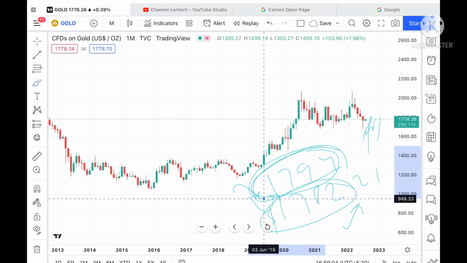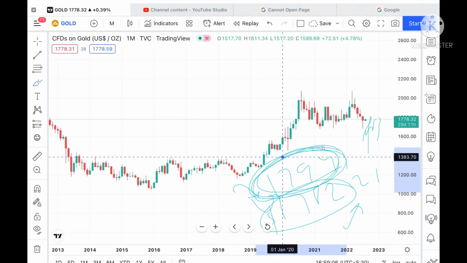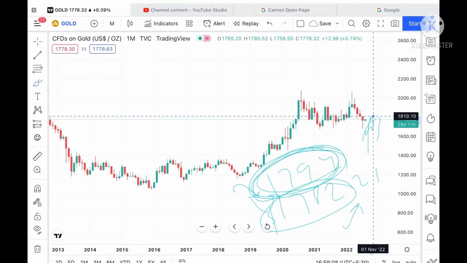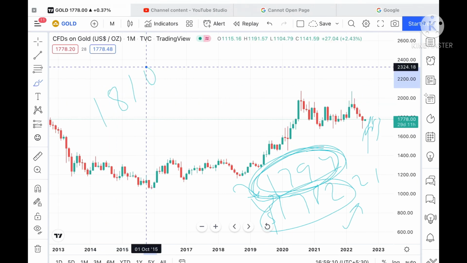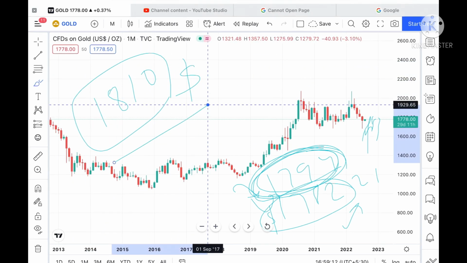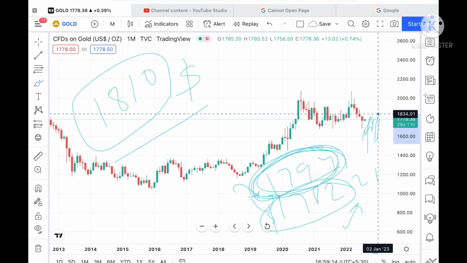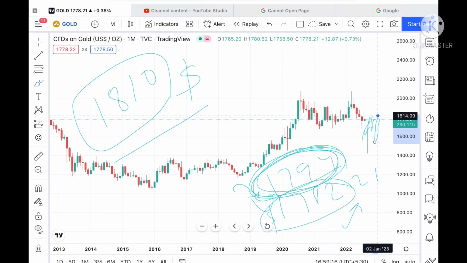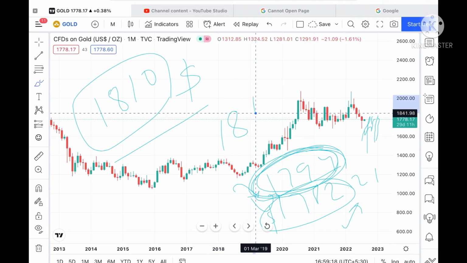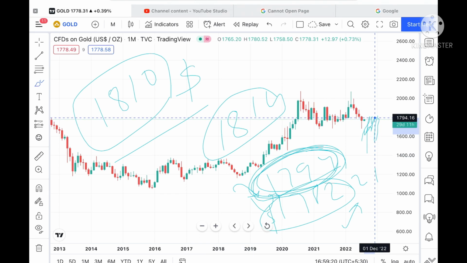Suppose this level goes upside, or this level sustains, the probability is high that we can see a level of $1810. This $1810 is a resistance which has already been tested here, so the probability is very high. We can see a level of 1814, and this 1814 has also been tested here, so the probability will be very high.